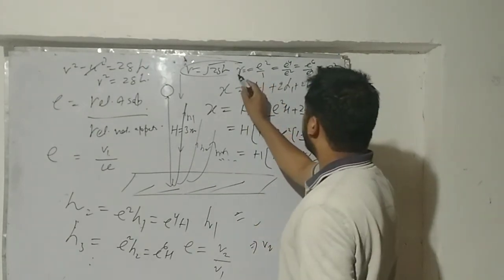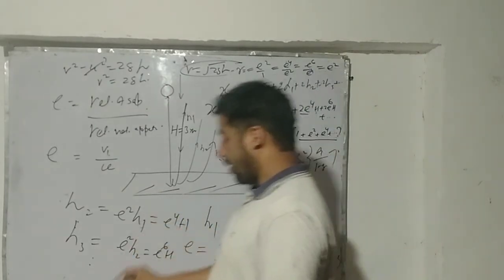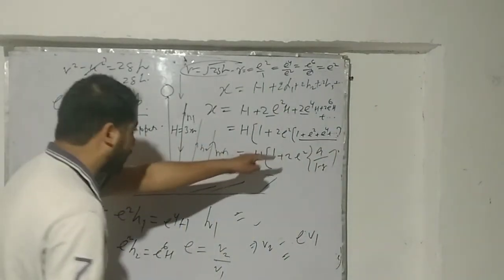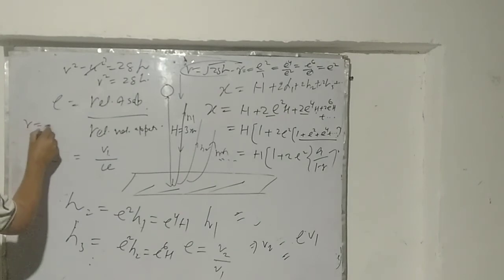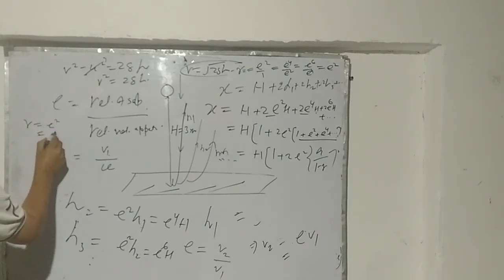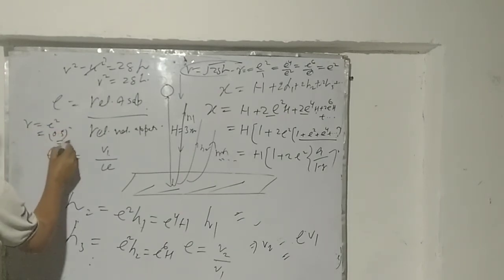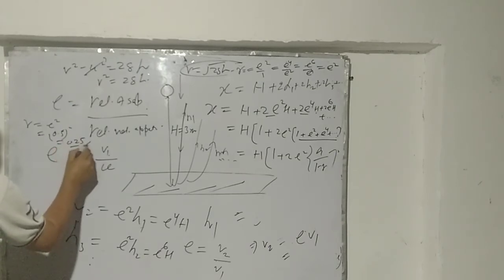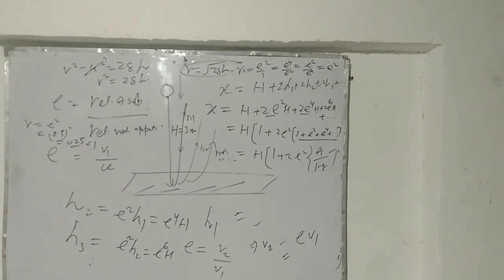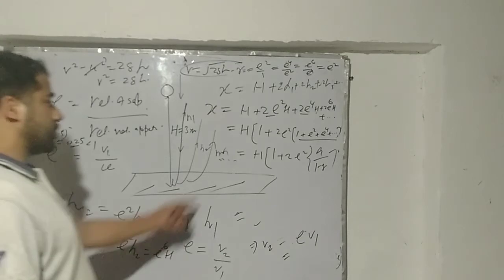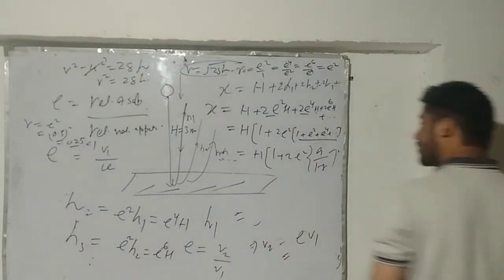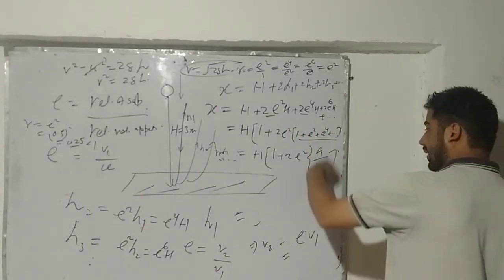What's the value of r here? That's e square, the common ratio for this geometric series. e square is 0.5 square, that will be 0.25, that's less than 1, okay. For a given geometric series, if the common ratio is less than 1, its sum can be written this way.